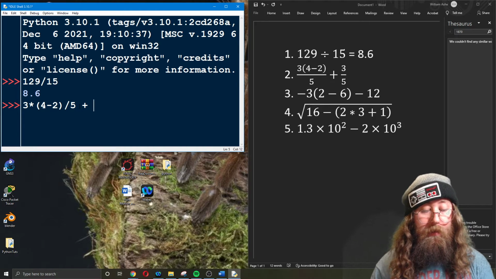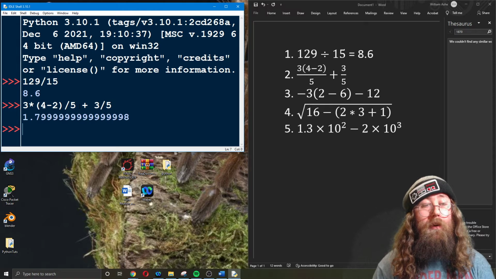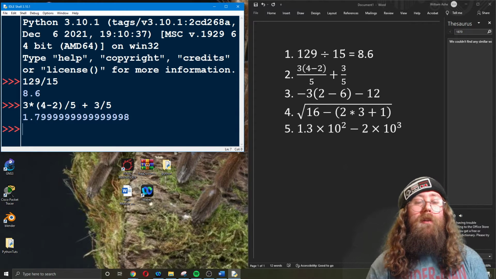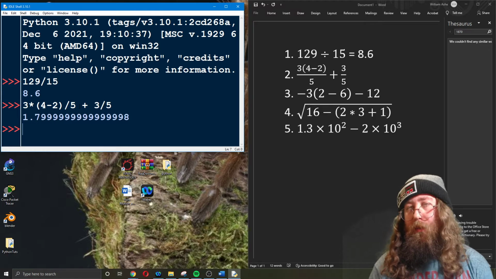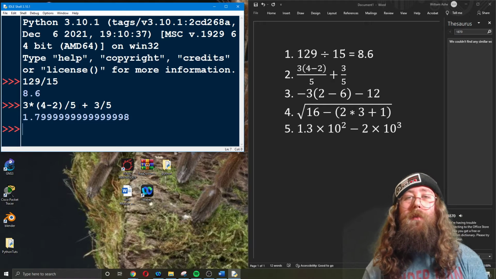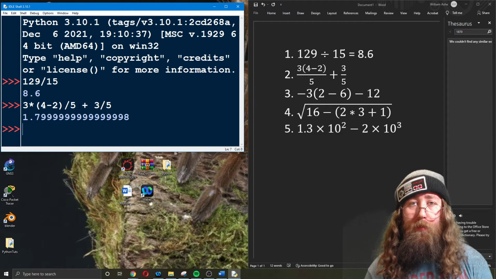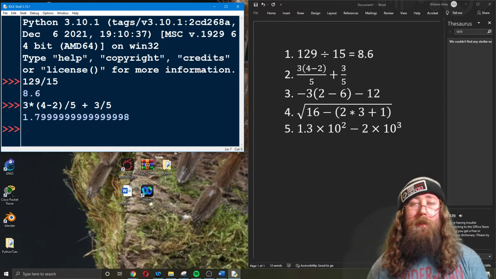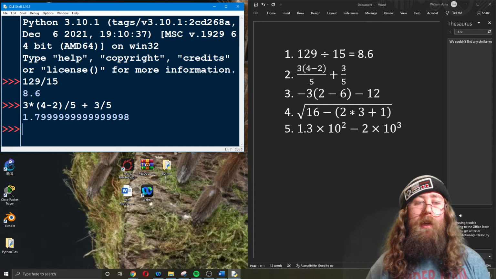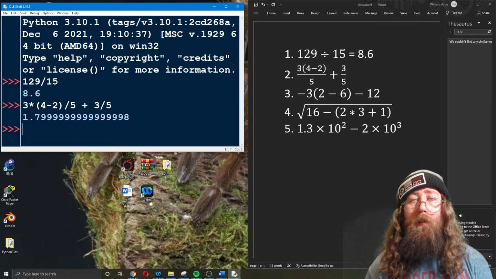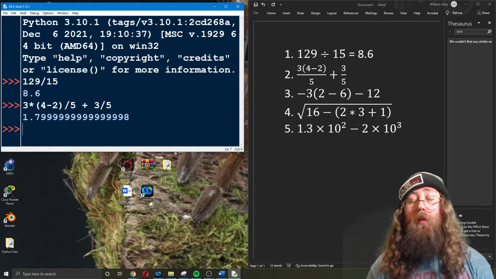Next, I'm just going to add 3 over 5 and hit enter, and now I have my answer, 1.79999999998. The answer here is a little tricky to explain. The answer is 1.8, but because of the way Python does math, it's going to give us this as our answer. If I'm going to use this calculation in other places, then it will have the 1.8 that I want, but if I'm looking for it to output this number, it's going to give me this crazy decimal.